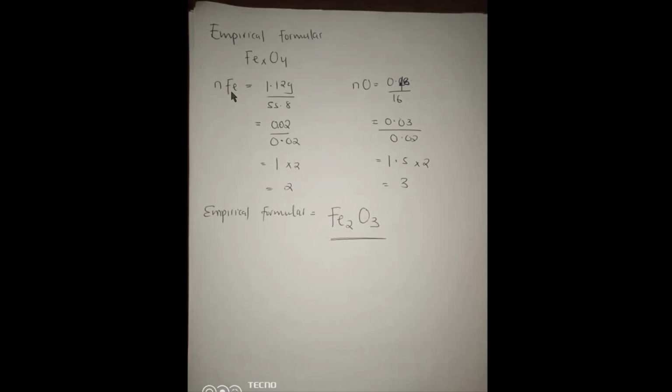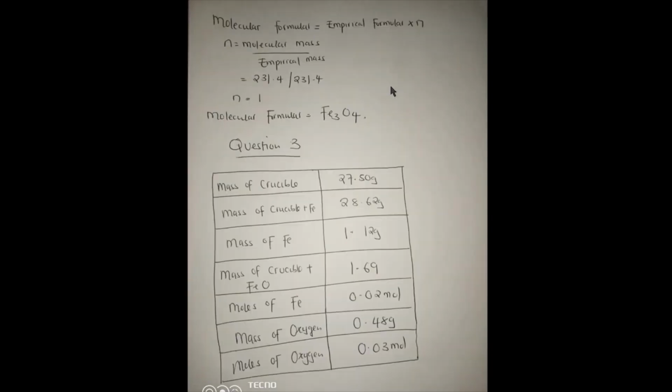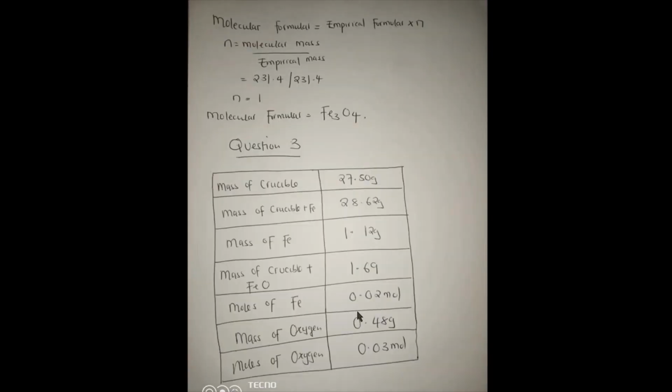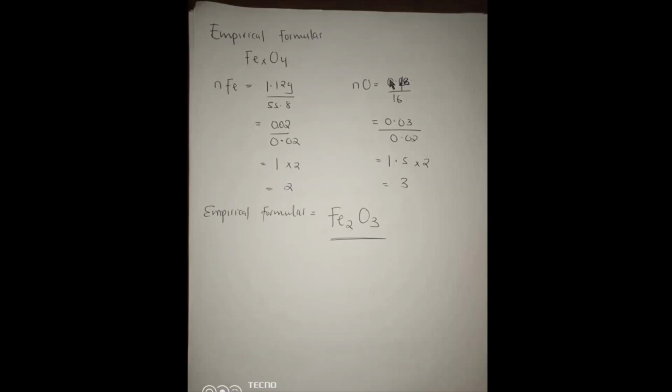First of all, as before, you determine the moles of iron. We already found the mass of iron to be 1.13 grams, divided by the relative molecular mass, which gives 0.02. We already found the moles of oxygen to be 0.03: the mass was 0.48, and 0.48 divided by 16 gives 0.03.